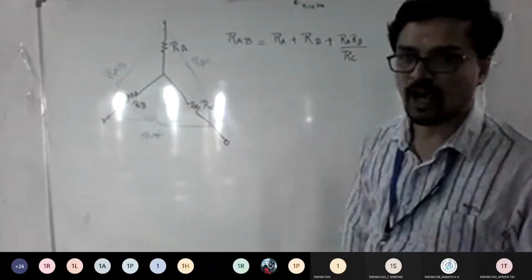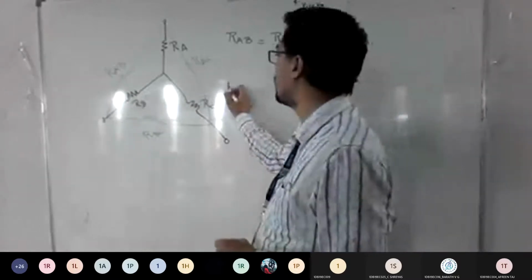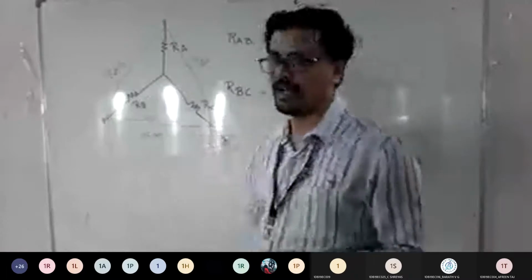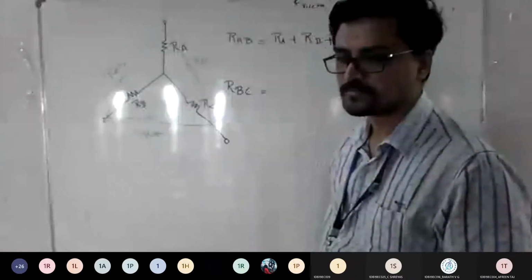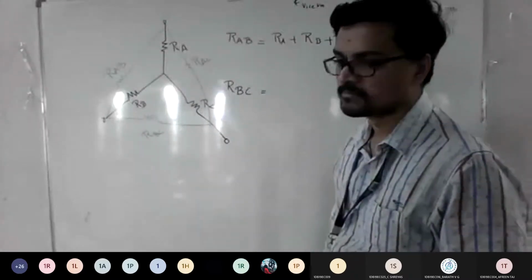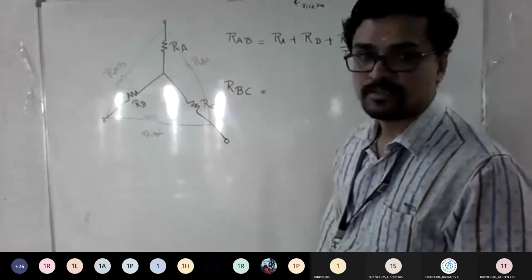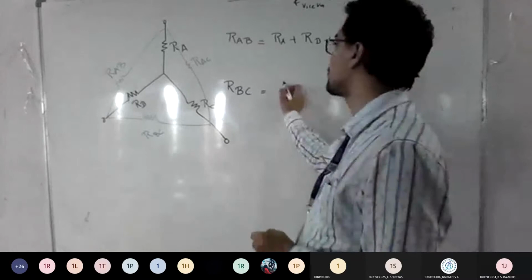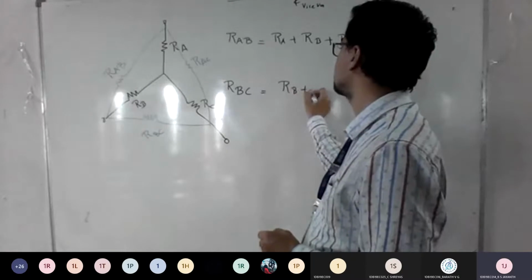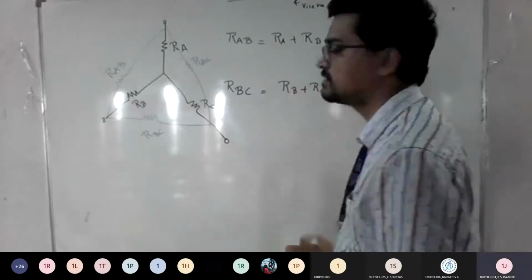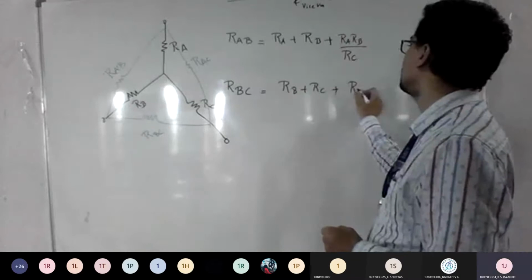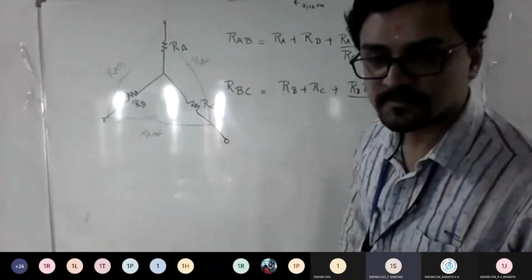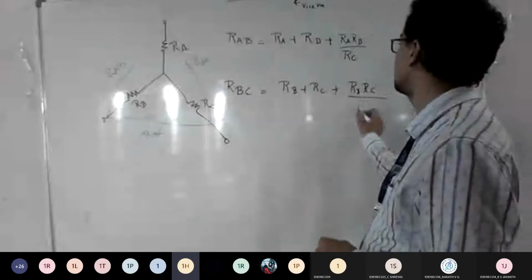Now after knowing this, can you tell me the formula for RBC? RBC is here. Tell me the formula. RB plus RC plus RB RC, all divided by the opposite resistor, RA.